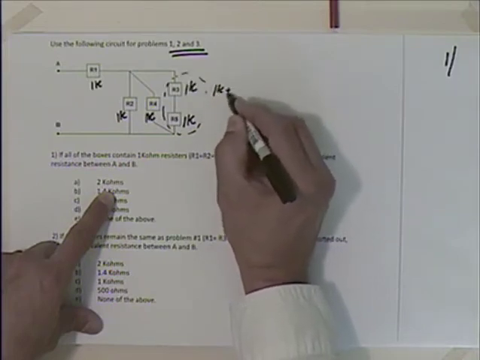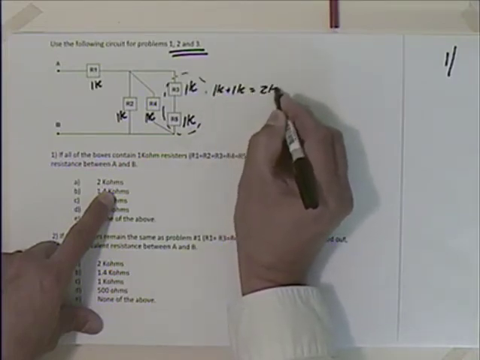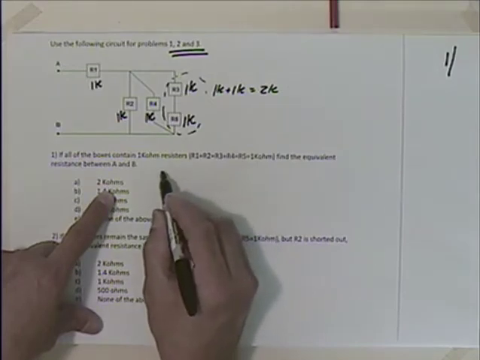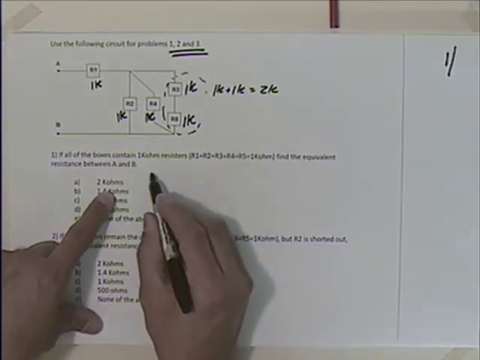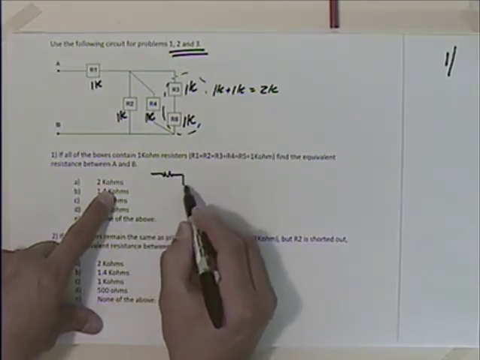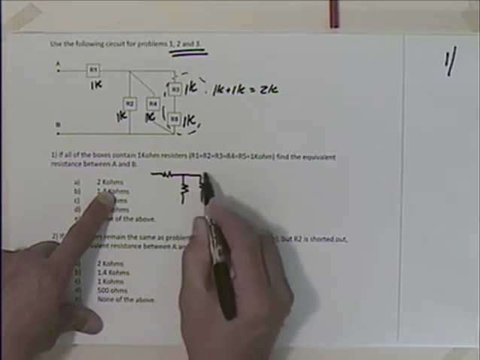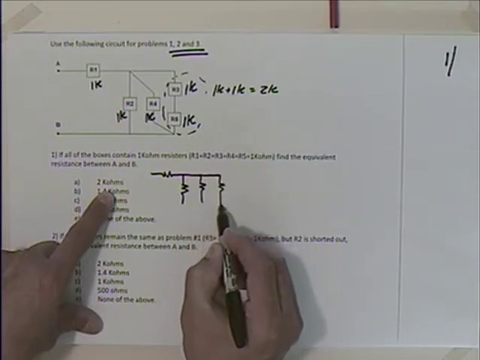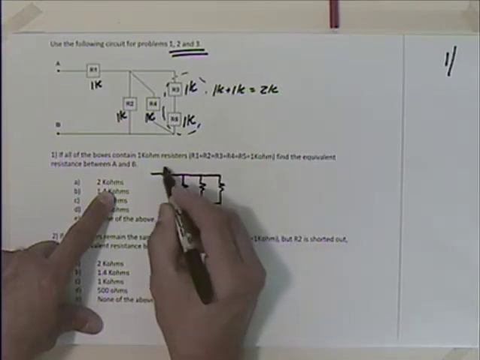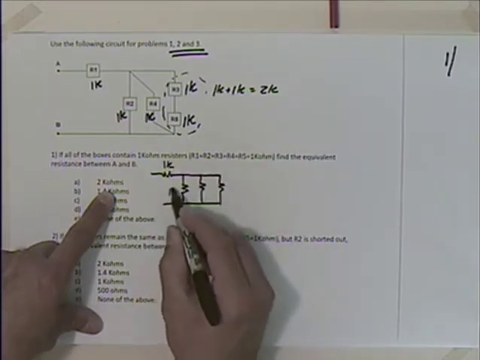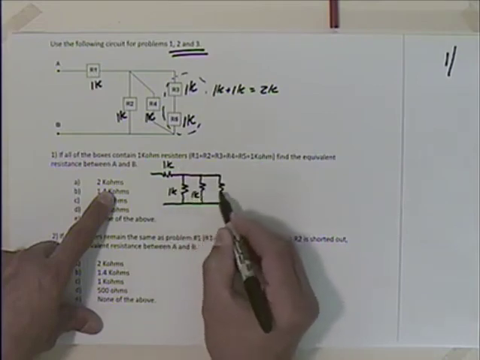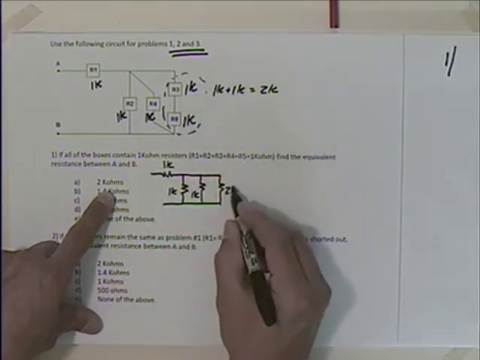So 1K plus 1K is going to be equal to 2K, isn't it? And then we could draw that here if we wanted to. As I mentioned in the other lectures, I think redrawing this plenty is the key to success. So we'd have something like this, 1K and 1K and 1K, and then this would be 2K.